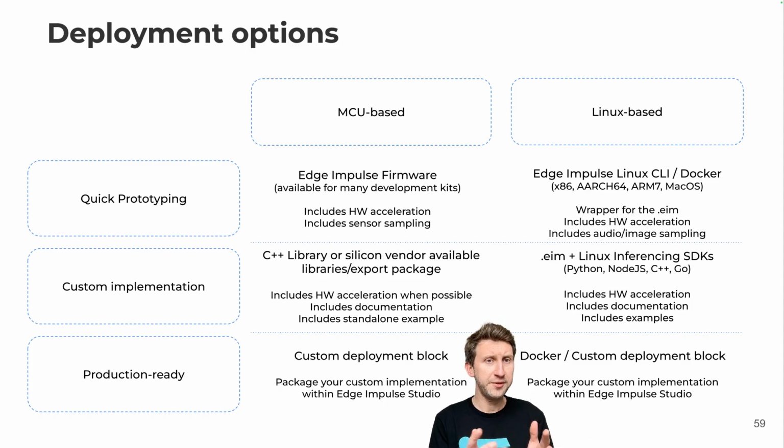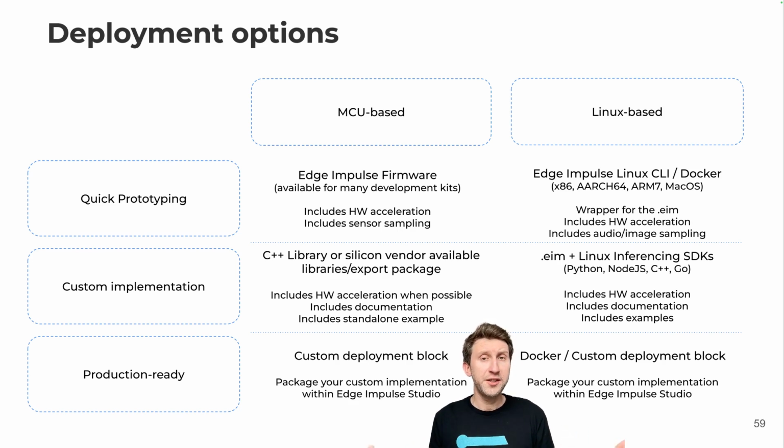That's if you're on the MCU side. If you're on Linux-based devices, just use the Edge Impulse CLI. Within one command, you can download your model and test it. We also support audio or images, depending on the hardware architecture you're on. If it's x86, AArch64, ARMv7, or even macOS, we leverage hardware acceleration.